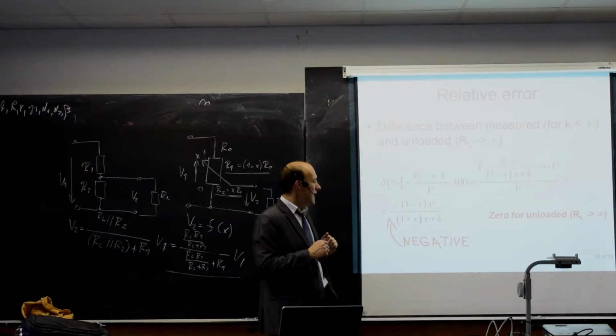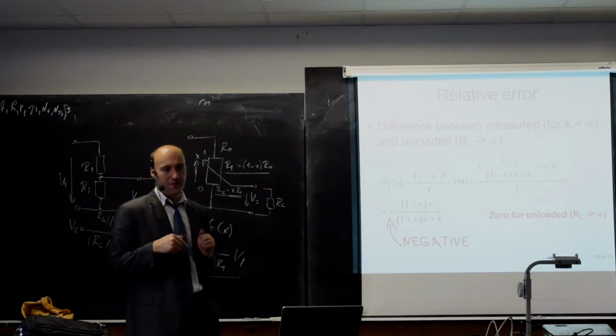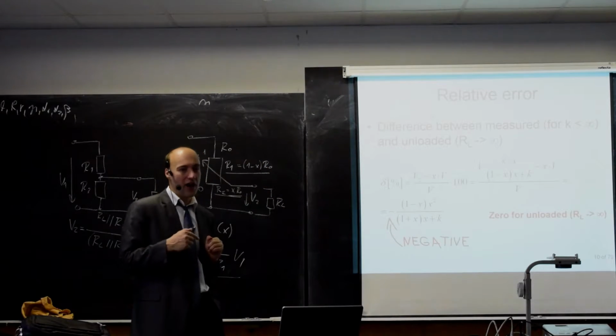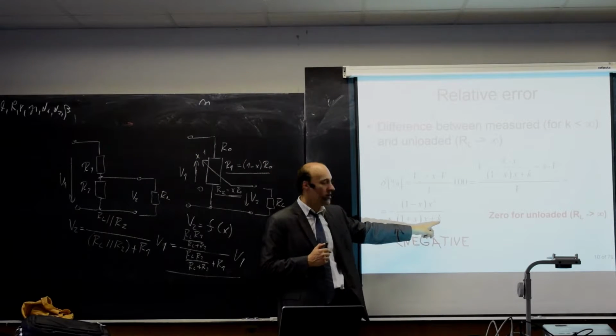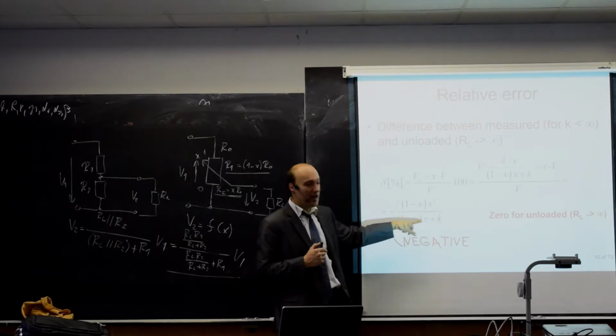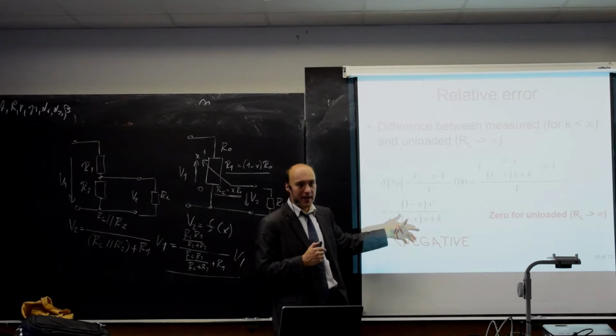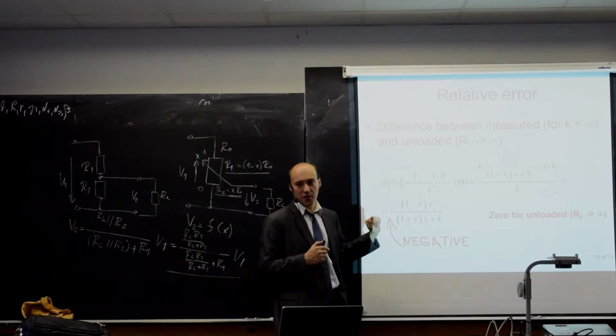In other words, if I use a digital voltmeter which has a very high input resistance, I'm increasing the value of K, which is here, and K is increasing, and therefore here we have a larger and larger number, and if K would be infinite, then the relative error would be 0.